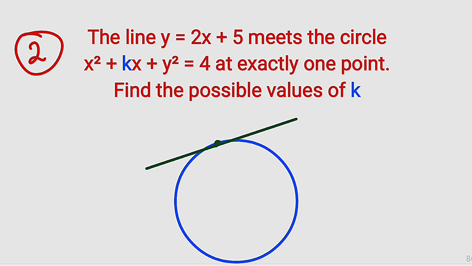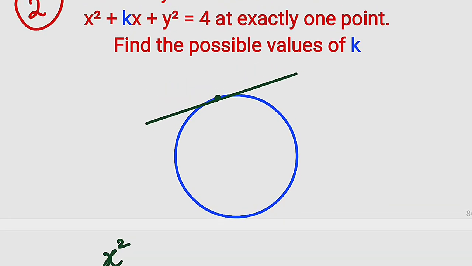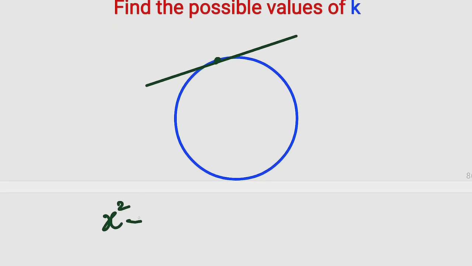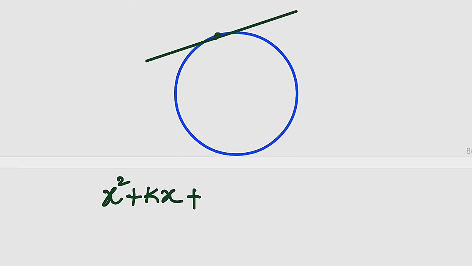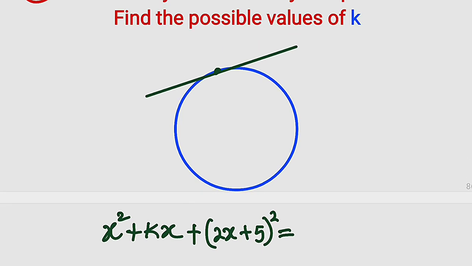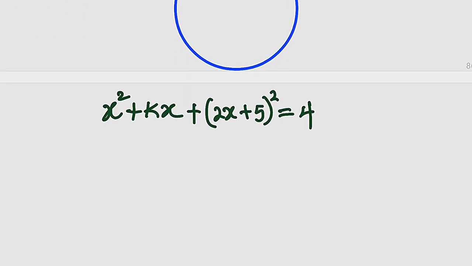of a circle. And what is the equation of the circle? It is x squared plus kx plus y squared. But instead of y squared, we are going to square 2x plus 5, 2x plus 5 whole squared, and this is equal to 4. Now let us simplify this.